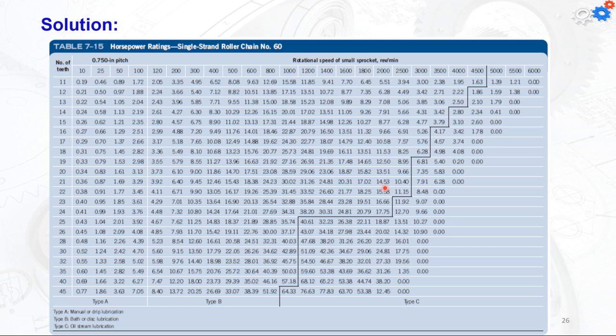Okay, and that's table 17-15 for the type 60, which is going to have the pitch value of 0.75 inches. So we don't have 900, so we're going to choose in between 800 to 1000, and we get to the 21, which is going to be between those. Okay, so that will be the one that I'm looking at.